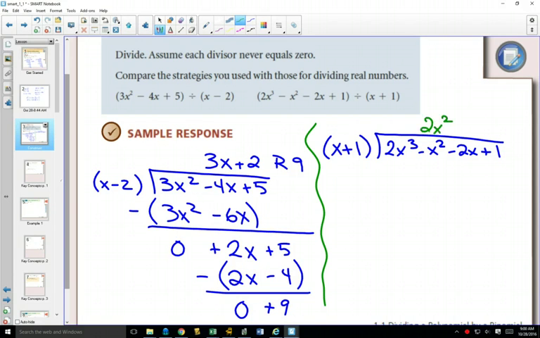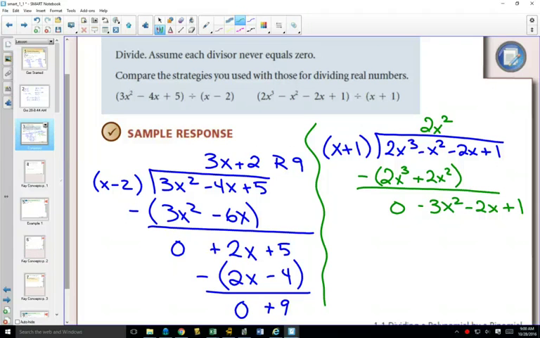We make sure we write that over our x squared column. And then we multiply that 2x squared by this whole thing, and we'll get 2x cubed. And 2x squared times 1 is plus 2x squared. Put this in brackets and subtract. We will get 0. Minus x squared minus 2x squared will give us minus 3x squared. We still have a minus 2x and a plus 1.